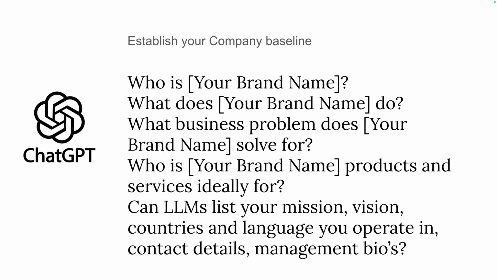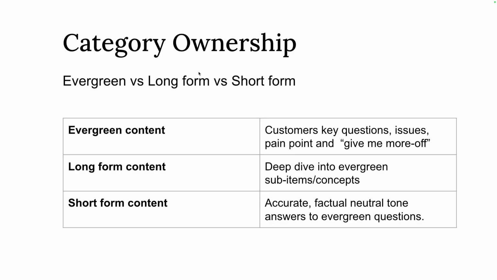Then you look at the categories that you want to take ownership of. And remember the customer research that we've done, right? Now you're going to write evergreen content, long form content, and short form content. So what's the difference? Evergreen content is content that will be relevant from now to three years' time.